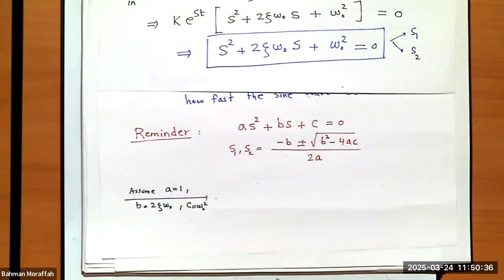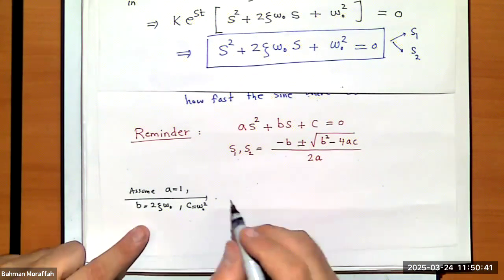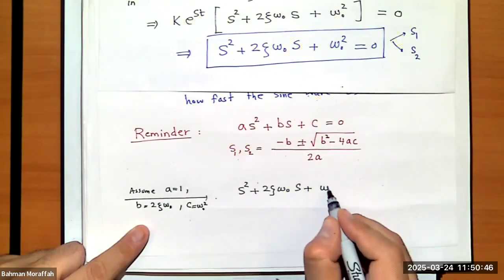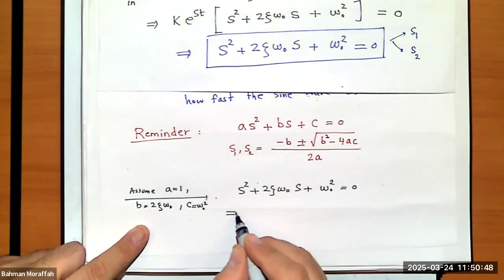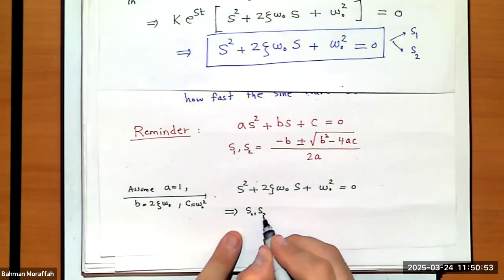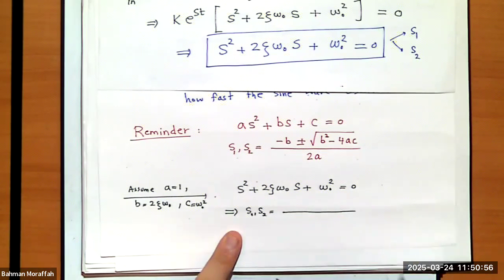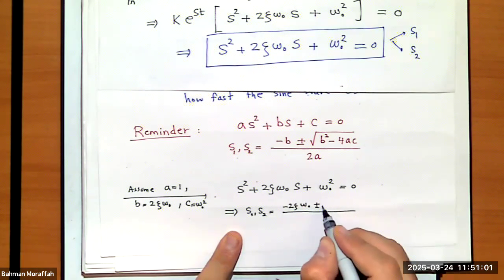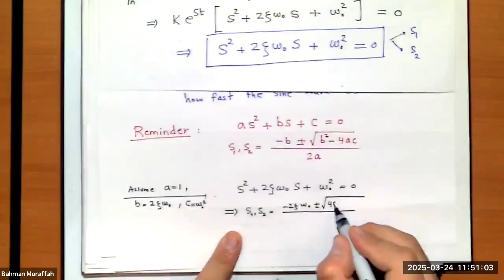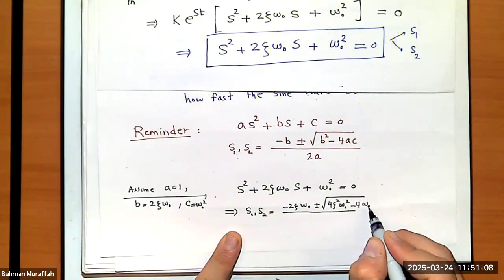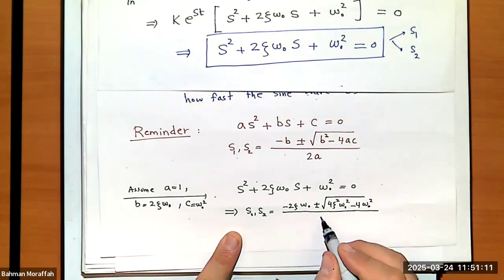Which gives me this equation. I can find the solution to the characteristic function. So my characteristic function is s squared plus 2 zeta omega naught s plus omega naught squared equals 0. If I apply the formula, I get s1 and s2 computed using this: minus 2 zeta omega naught plus or minus the square root of 4 zeta squared omega naught squared minus 4 omega naught squared, divided by 2.